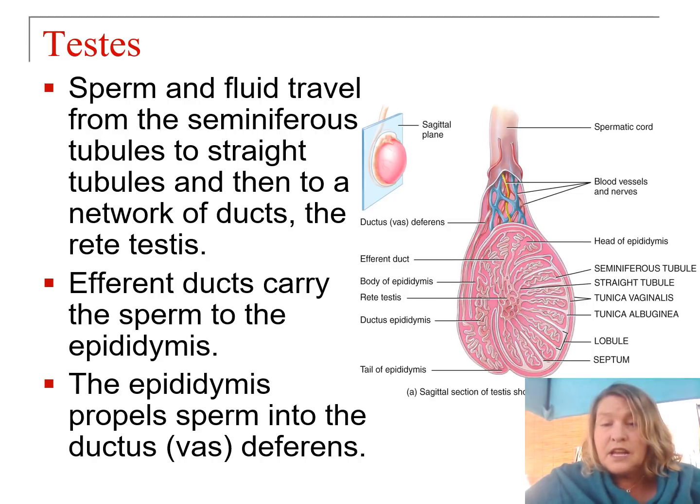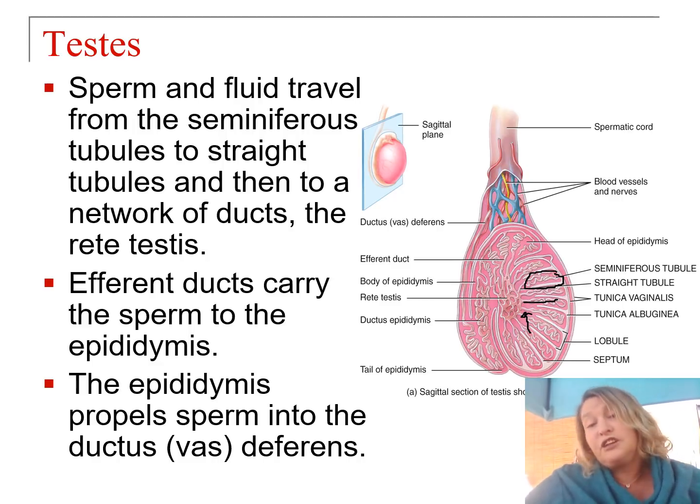So here's the seminiferous tubules right here. Okay. And then the straight tubules are right here. That's a straight tubule. Let me put an arrow there. There's a straight tubule. You can see it's straight.